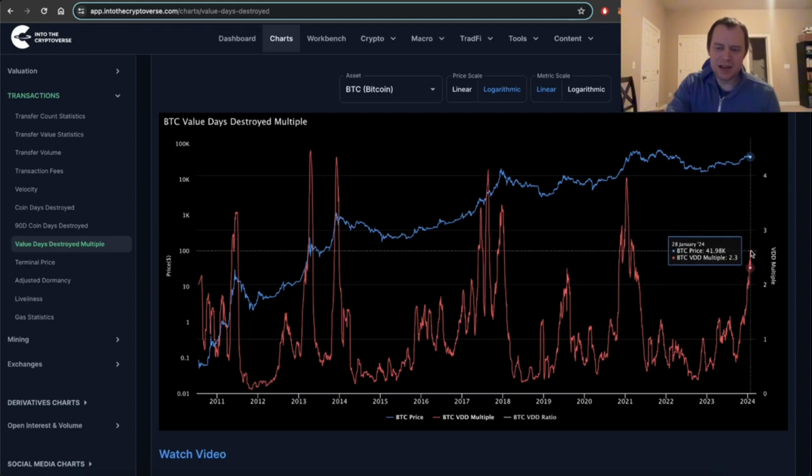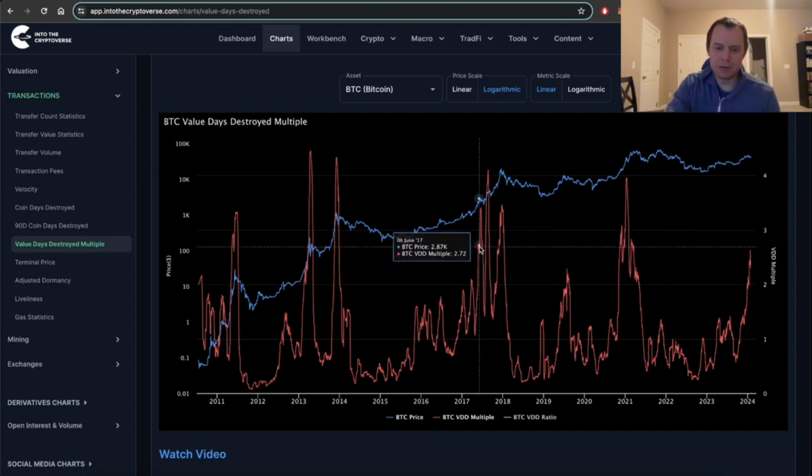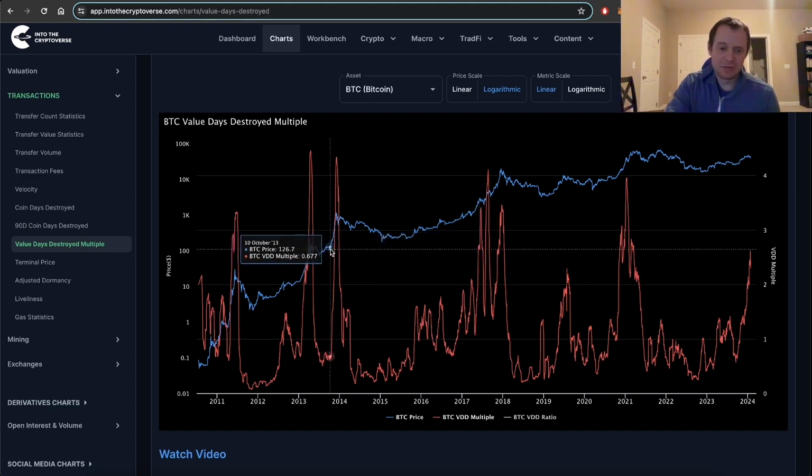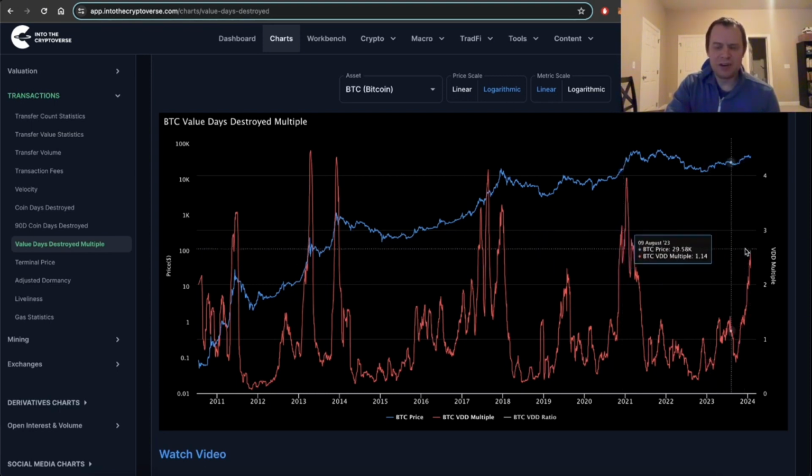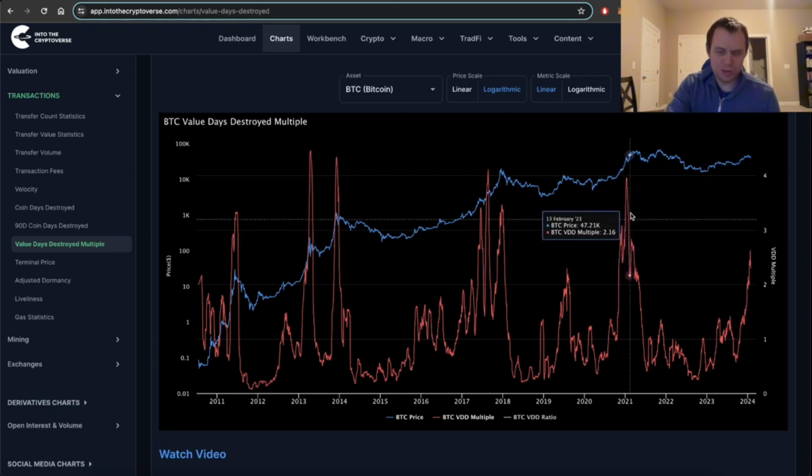I mean, these levels that it's currently at are more comparable to late 2017 or mid 2017, like June 2017, or getting pretty late in some of these 2013 moves, or in the last cycle, akin to November of 2020, December of 2020. I mean, first November, but then it came back down and then it popped back up. So November, December of 2020 is where it best corresponds to.